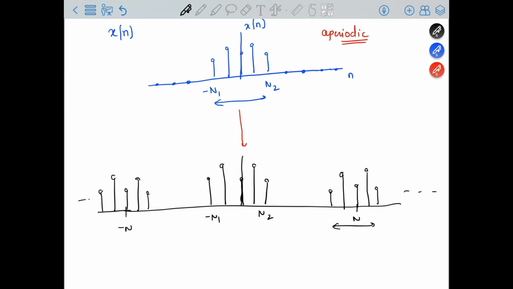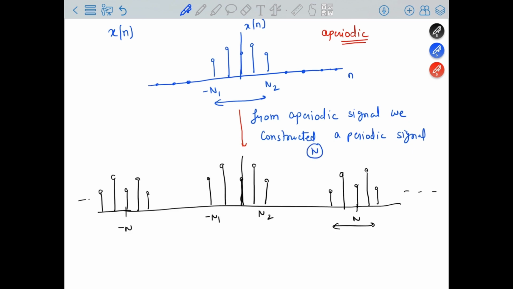So what we did is construct, from this aperiodic signal, a periodic signal of period capital N. We have just repeated the signal x[n] for every N, and we name it x tilde[n].